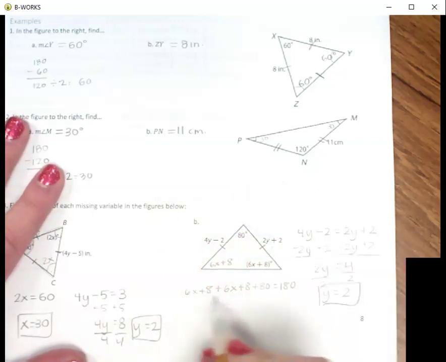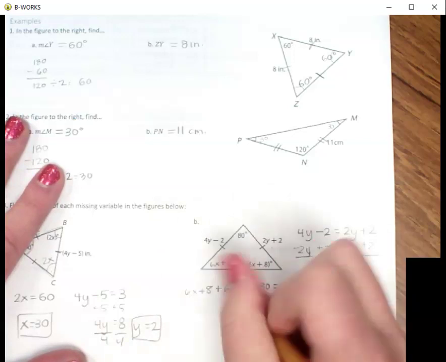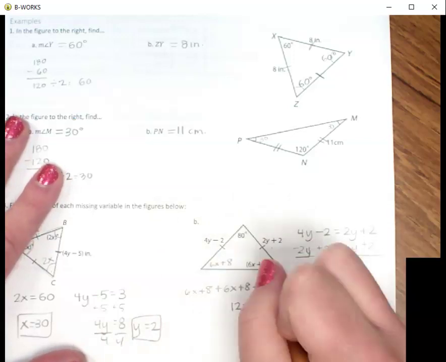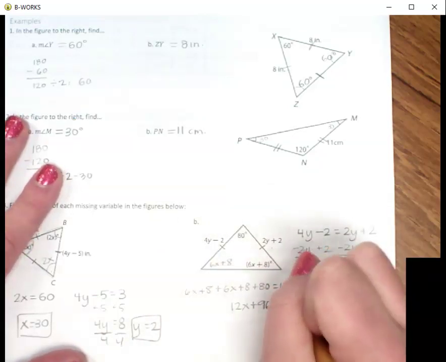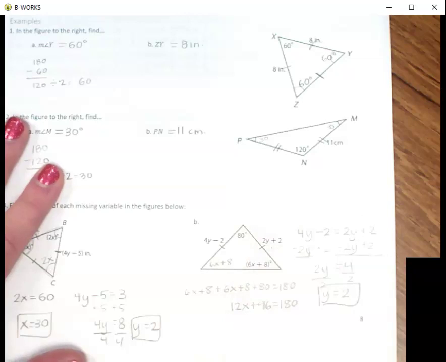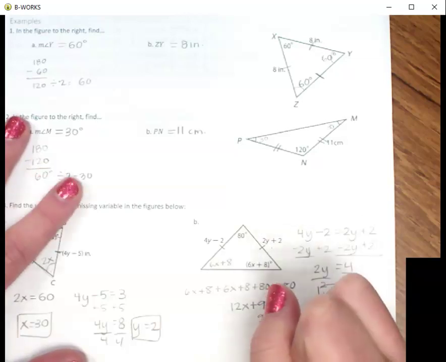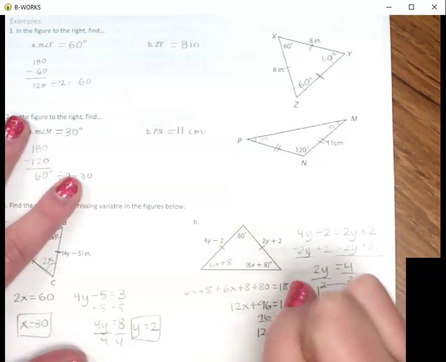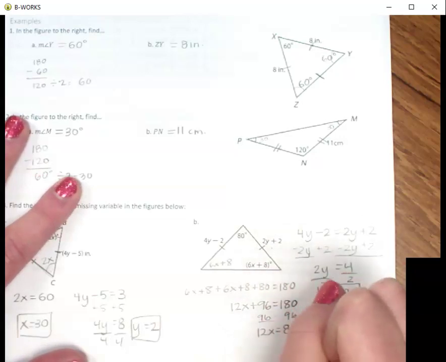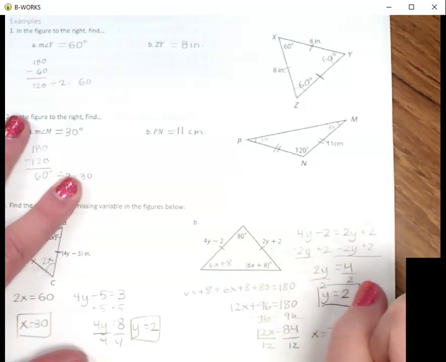Simplify this left side: 12x plus 96 equals 180. Take 96 away. 12x is going to be 84. And if I divide both sides by 12, my x value is 7.